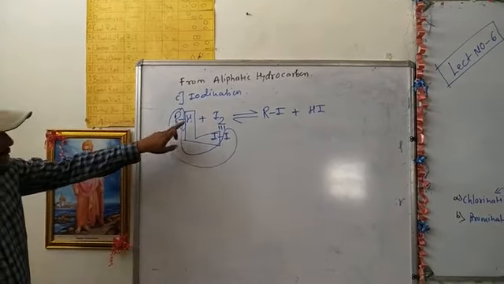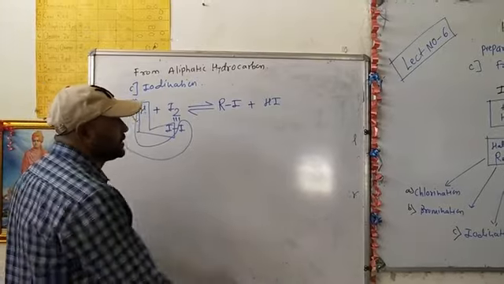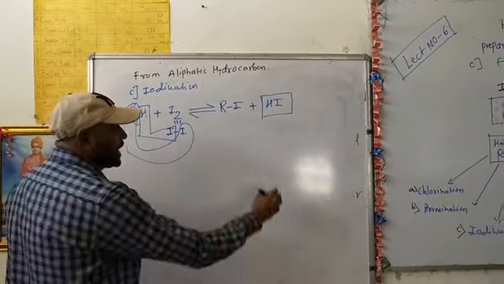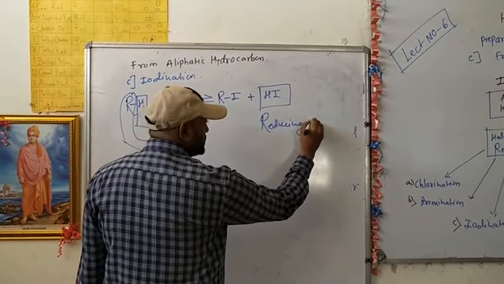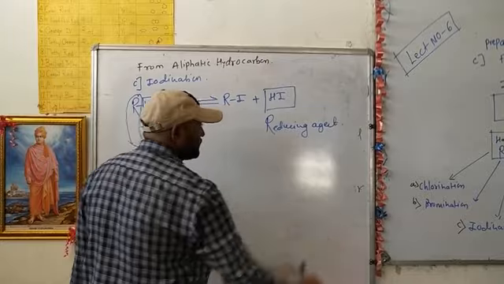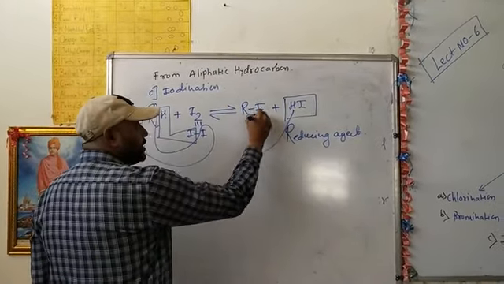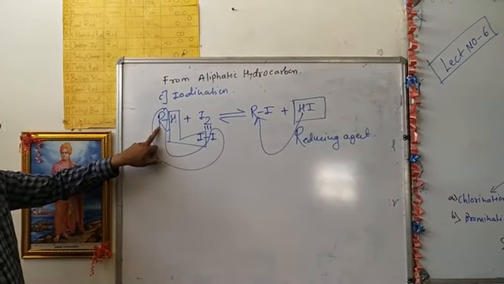So alkane iodination is a reversible reaction. The reason is that here HI is formed, which acts as a reducing agent, which can reduce alkyl iodide and revert it back to the alkane.